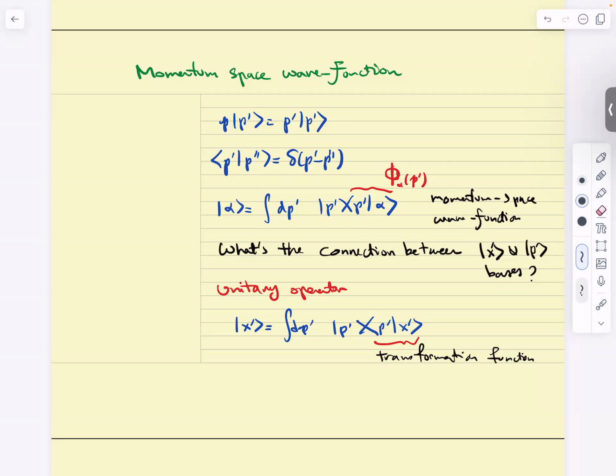Well, actually, you already know. Let me give you the answer colloquially: Fourier transform. Yes. We're going to see that.